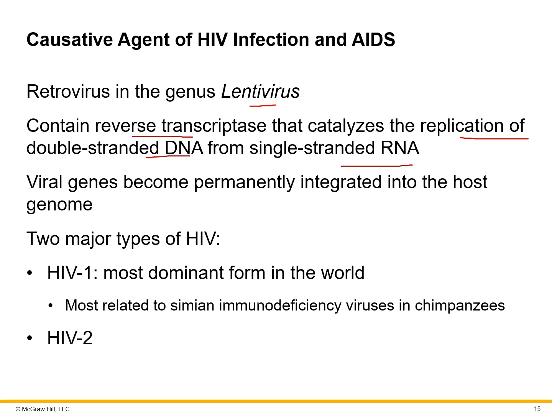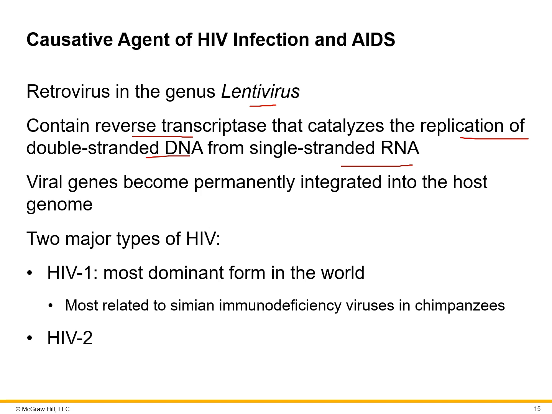In normal transcription and translation, we take double-stranded DNA, we make single-stranded RNA, and then that RNA is used to make a protein. Well, in these retroviruses, they are RNA viruses, but they have an enzyme called reverse transcriptase, as we'll see in the next slide, that allows that RNA to be used to make DNA. And then the DNA goes through transcription and translation to make those viral particles.